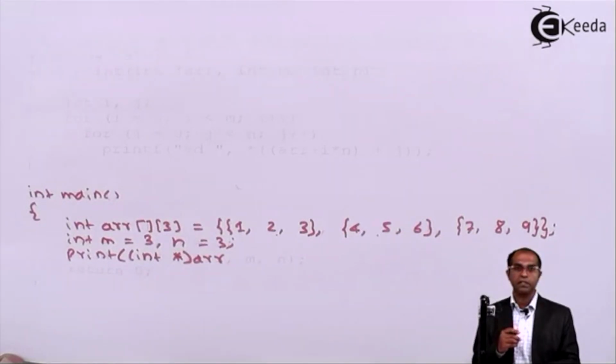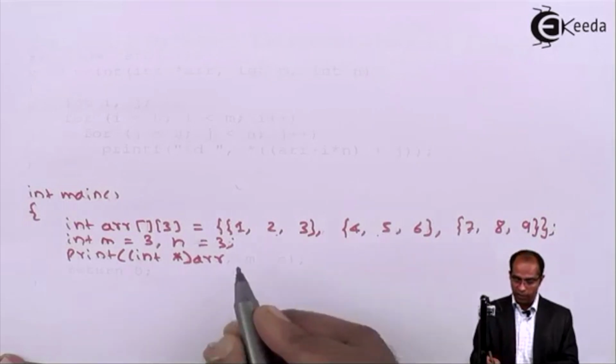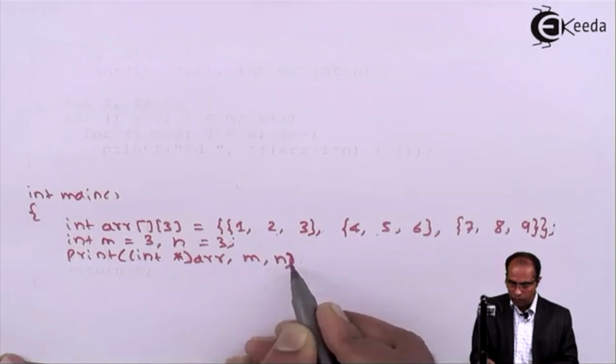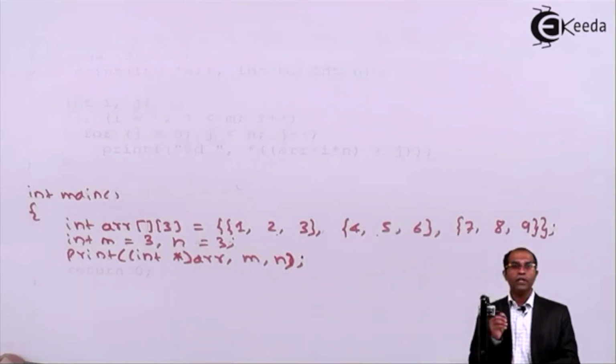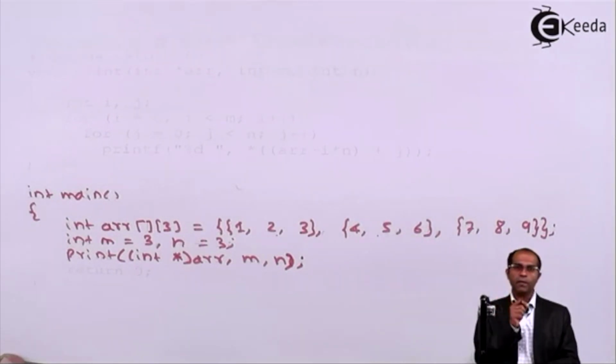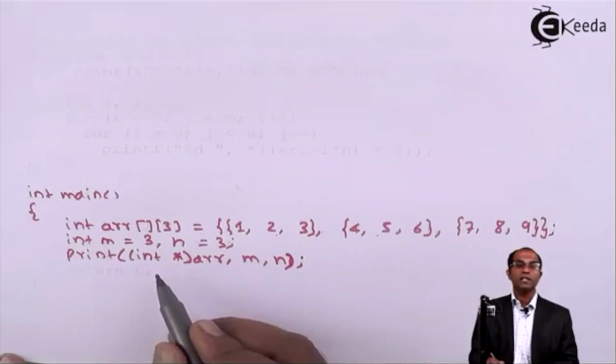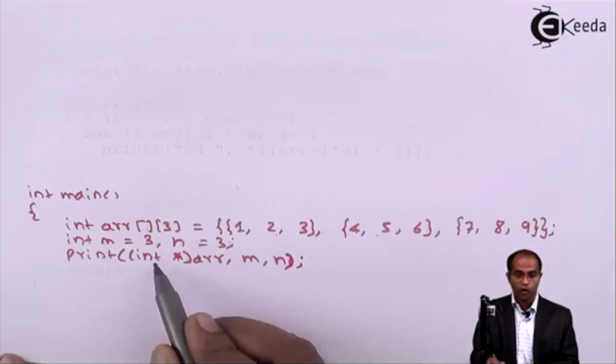Whenever we are passing, it should always be an integer pointer, comma, the value of m and the value of n. We have to explicitly pass the rows as well as columns, and the array needs to be typecasted to an integer pointer. Clear? So now this arr is not passing the address, it is passing a pointer.